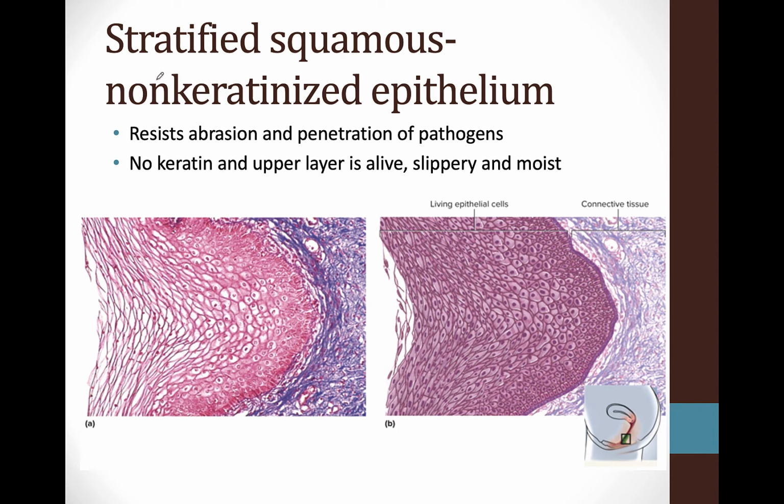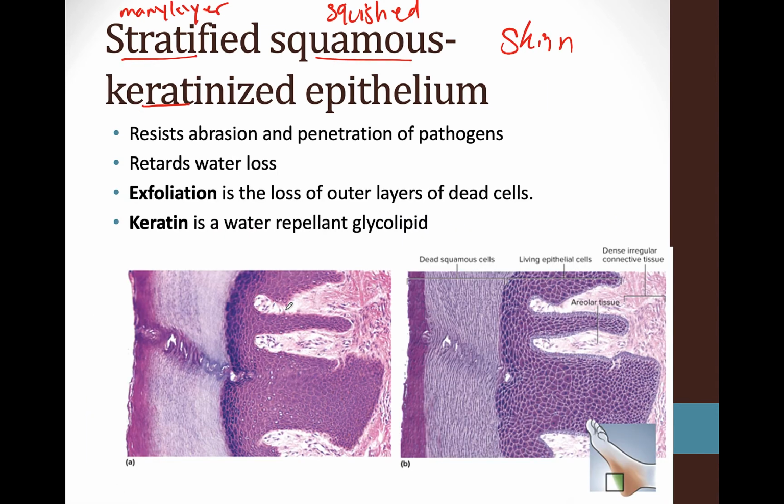Similar to that, we have stratified, meaning many layers. Squamous, this is still squished. Non-keratinized. So here's the basement membrane down here, and then here's the outer surface. All of these cells look the same color because none of them have keratin in them. If we go back to the previous slide, here's the basement membrane, and here's the free surface.